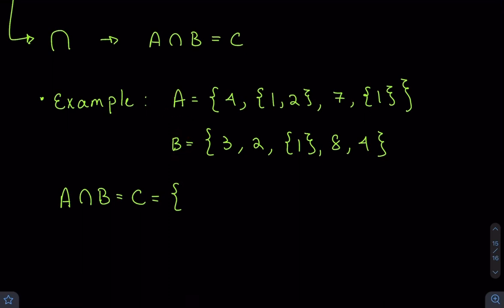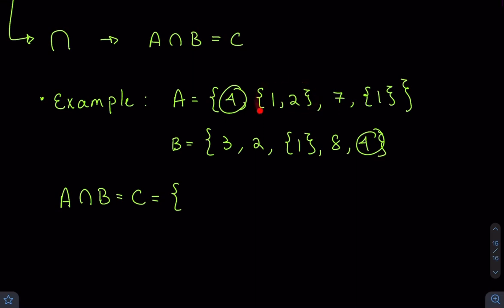So which elements or which objects are common between A and B? Well, 4 is, right? Because 4 is in A and in B. 3 in B is not, because it's not in A. So isn't 2.